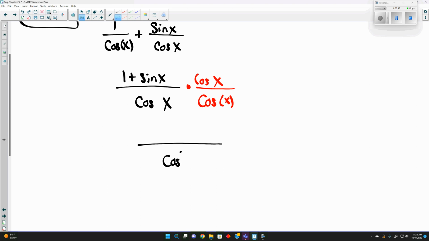Which, okay, now we do get cosine squared of x on bottom. Now on top, we can distribute that cosine of x. But we already saw that there's a way to get rid of it, yes? The 1 plus sine of x.